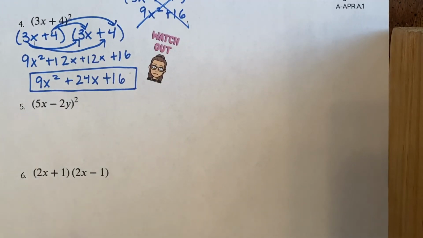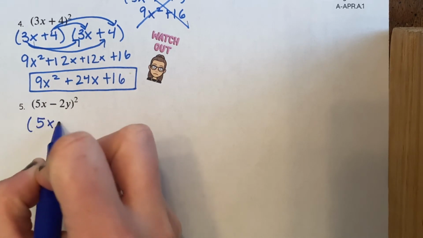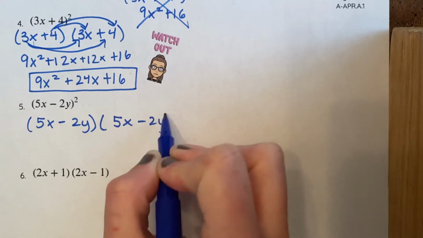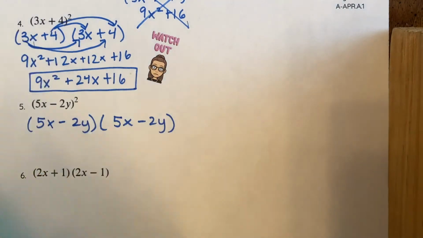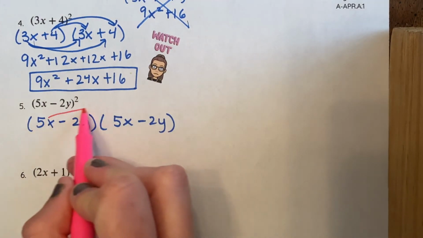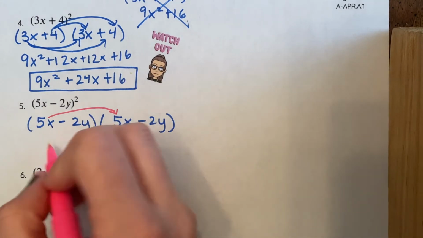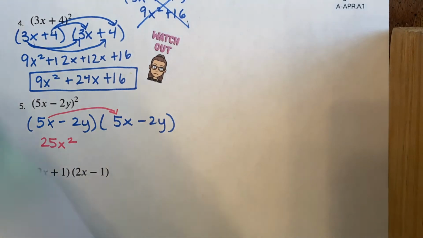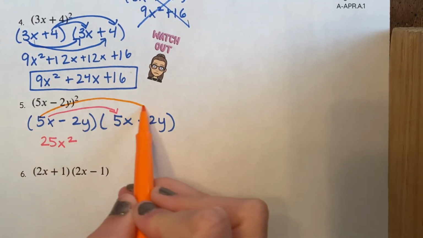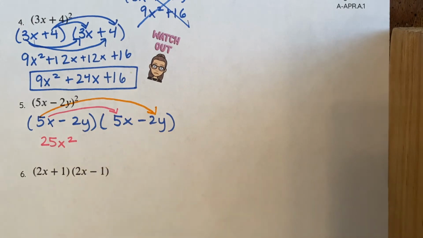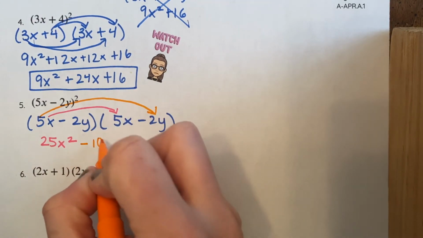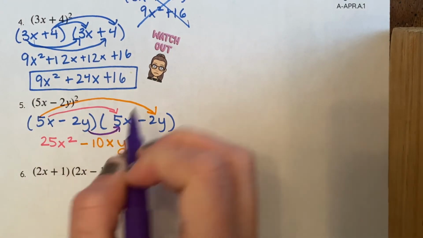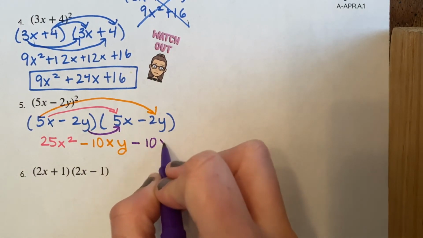So let's go to the next one. So if I have 5x minus 2y times 5x minus 2y. And I'll use the colors again. I'm sorry I didn't use the colors in the last example. So 5x times 5x, my first 2 terms, would be 25x squared. Then I would go to my outer. 5x times a negative 2y would be minus 10xy. My inner, minus 10xy.